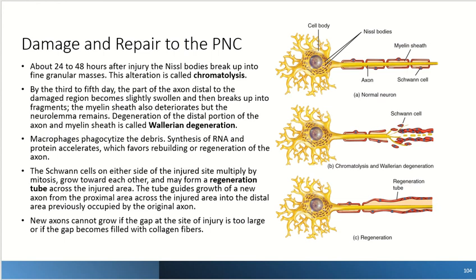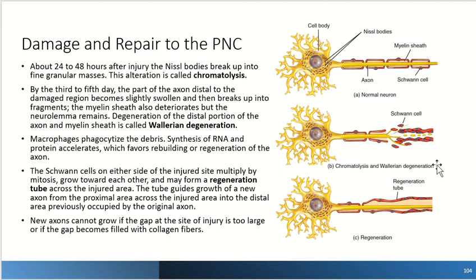And this regeneration tube is going to help to guide the growth of new axons from the proximal area across the injured area into the distal area that was previously occupied by the original axon. So the new axons cannot grow if the gap at the site of injury is too large.